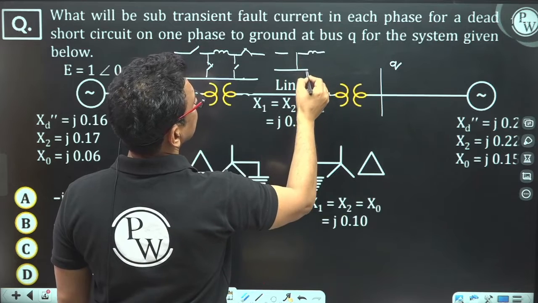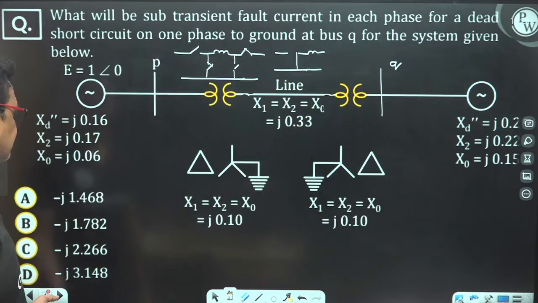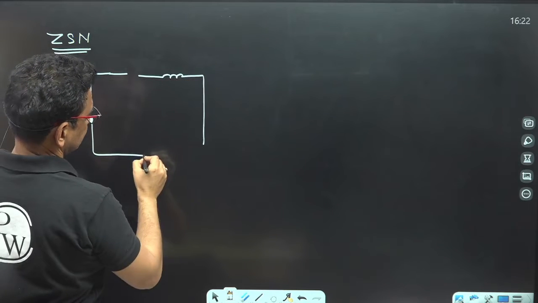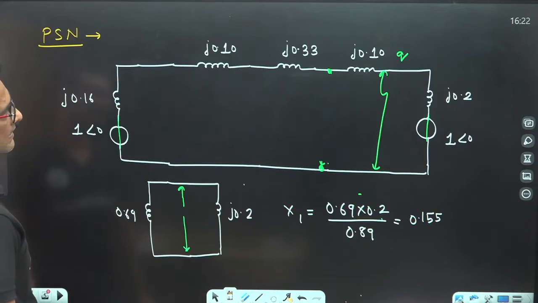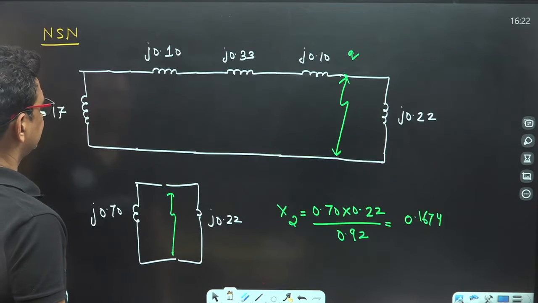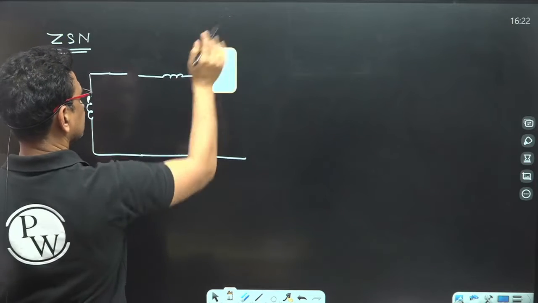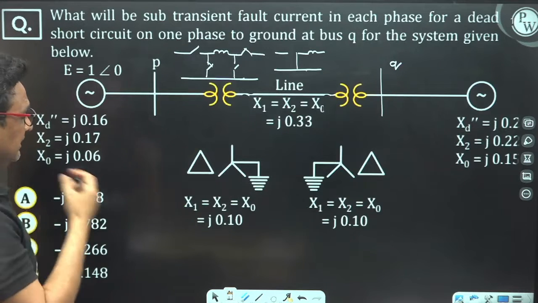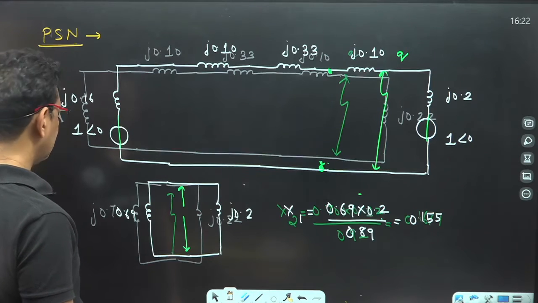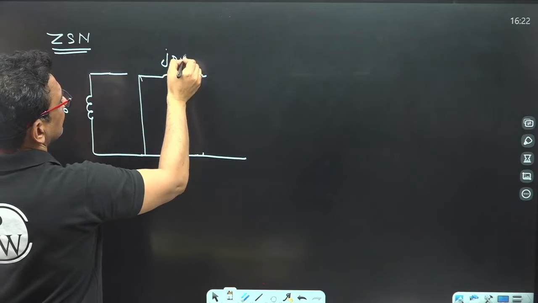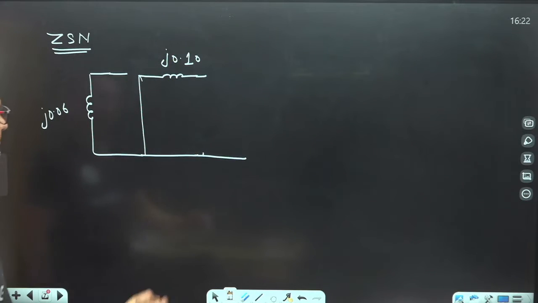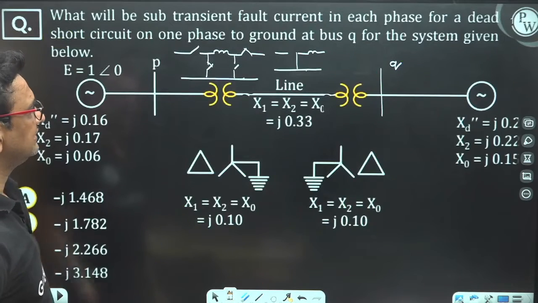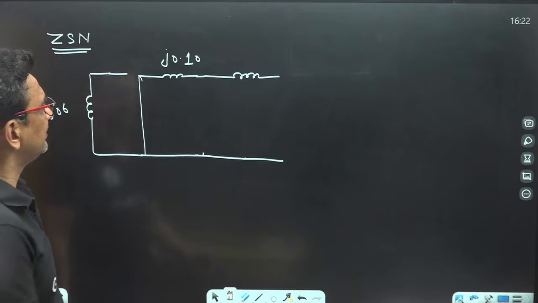Clear? Its value is j 0.10. Now, the transmission line is represented as a reactance and its value is j 0.33.